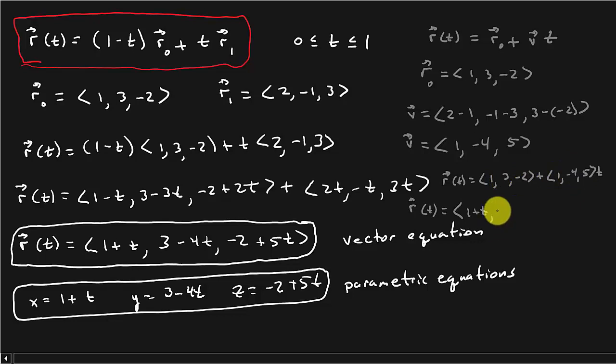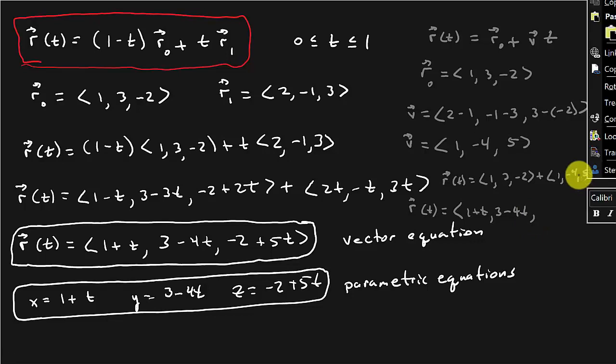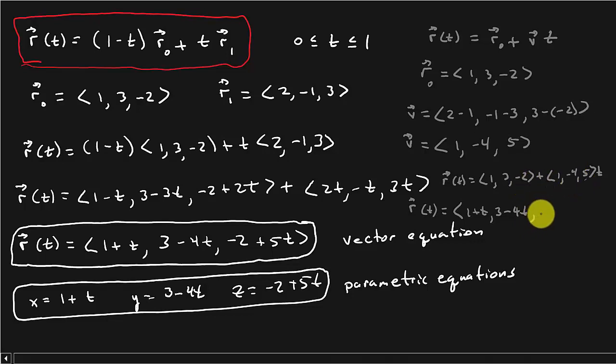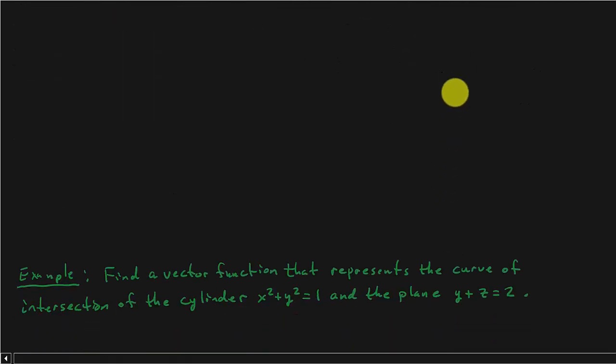Then negative 4t: 3 plus negative 4t is 3 minus 4t. And then 5t: negative 2 plus 5t is negative 2 plus 5t. And there you have it. You can see it's the same thing as this.